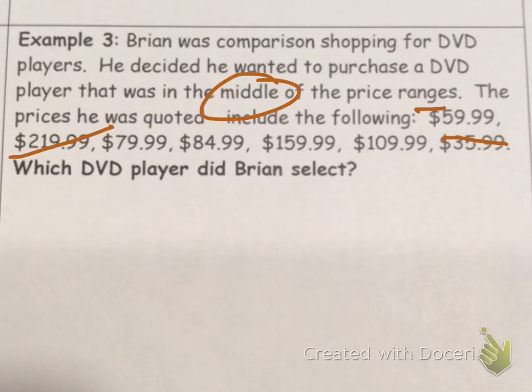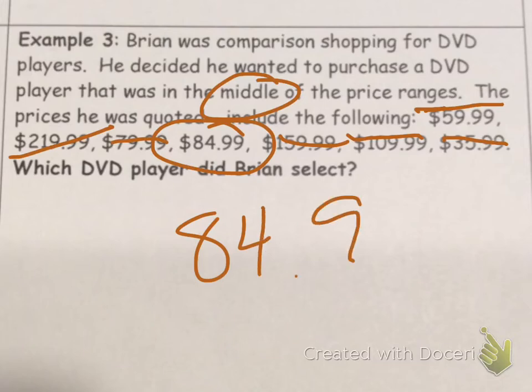Okay, you can cross off the $59.99. And what's the next highest price? $159. Okay, so cross that one off. Next lowest price? $79.99. And the next highest price? 109. Okay, so the middle one is $84.99. So that's just another way to do it if you don't want to take the time to write those in order from least to greatest.